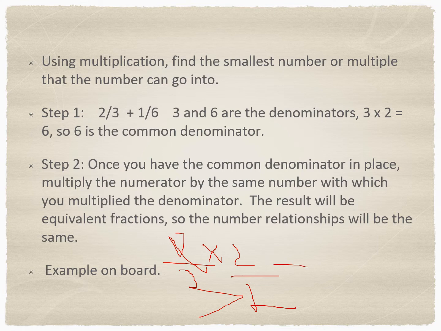So that is going to give us 4/6. We've got 3 times 2 on the bottom, 2 times 2 on the top. So then we can go ahead and add our 1/6, and that should give us 5/6 as the answer. So we need to make sure that we're able to find the common denominator.